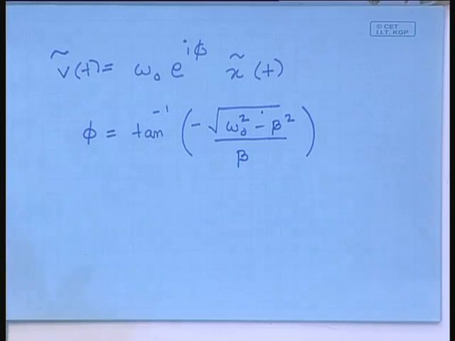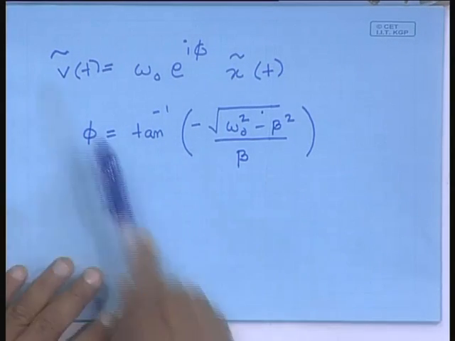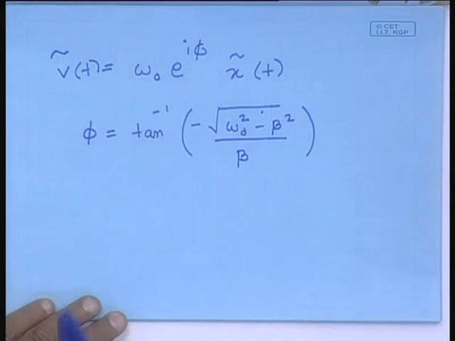So, we see that the velocity and the position variable in complex notation are now related through a phase e to the power i phi, which need not be pi by 2.